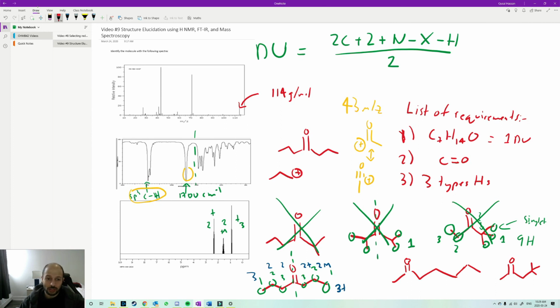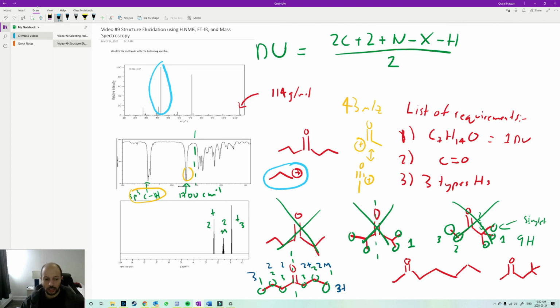So that's what you see. That is what this peak is, right? I'm going to circle this with a different color just so that nobody gets confused. That is what that peak is.